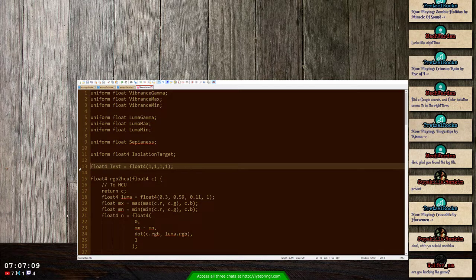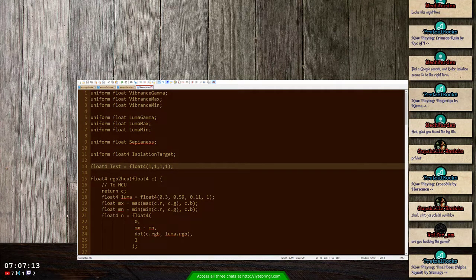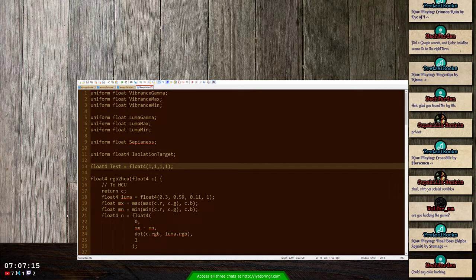Can we define just float test out here? Nope. Color hacking. I suppose color hacking is kind of accurate. So, GLSL global const.